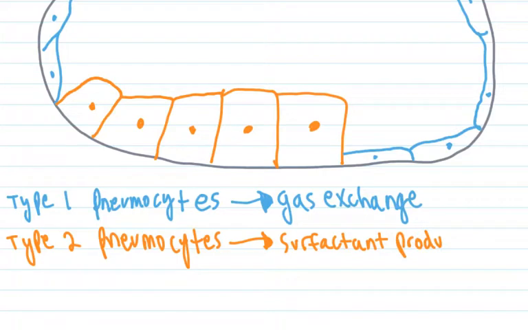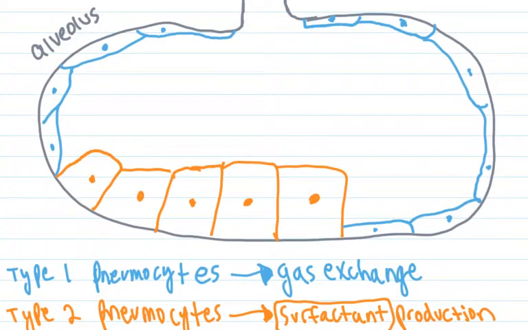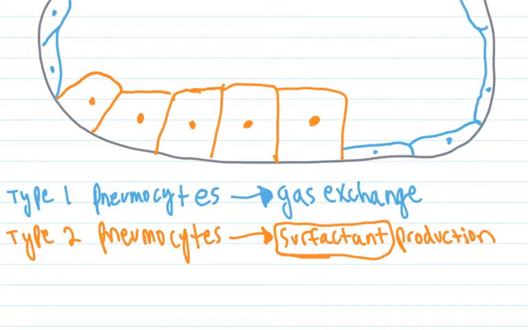Type 2 pneumocytes secrete and produce surfactant, which is like a serous fluid. So let me erase this. Sorry about that. Our surfactant is a serous fluid, just a little thin layer of fluid that surrounds the inner part of the alveoli, and it helps reduce surface tension. Let's write that down.